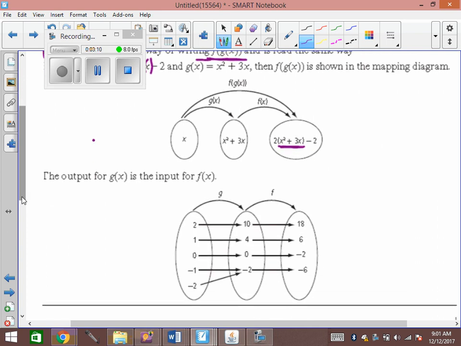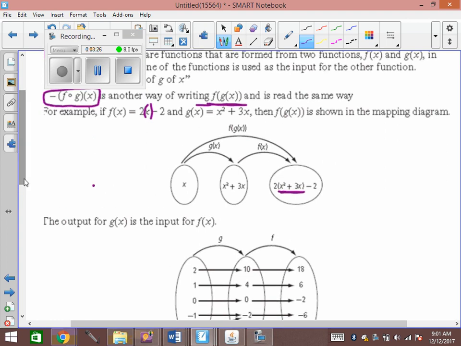So the output for g of x is the input for f of x. So what that means is, if instead of f of g of x, I gave you f of g of 2, what would you have to do first?